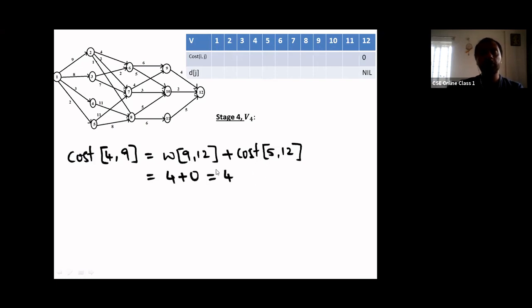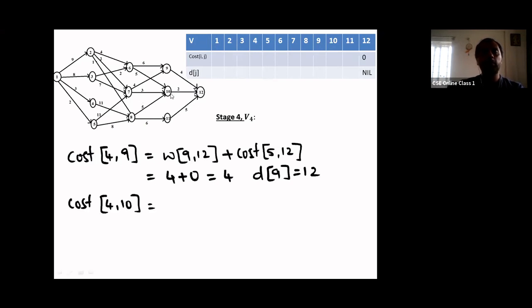So we get a value of 0. Am I right? So 4 is the connecting cost, and then the shortest path of 12 to sink is 0. Therefore the direction for 9, once you reach 9, where do you have to go? You have to go to 12. So we will fill this value: cost of 9 is filled with the value 4, and D of j, that is D of 9, is taken as 12.